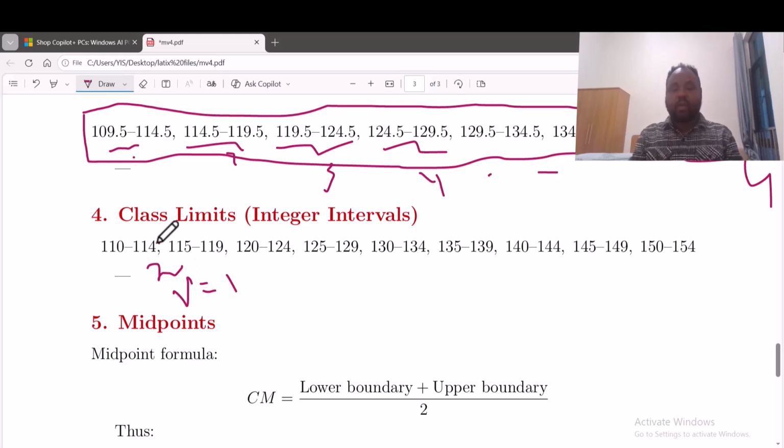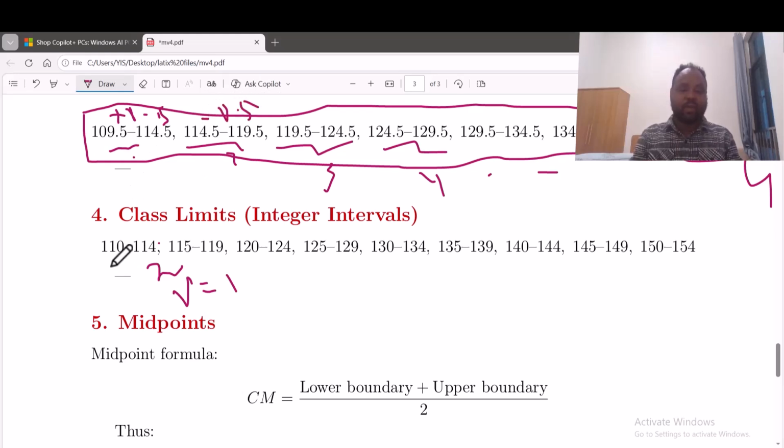Class intervals with a gap are class limits; if there is no gap, they are class boundaries. To obtain the class limits of the first class, we add 0.5 to the lower boundary and subtract 0.5 from the upper boundary.